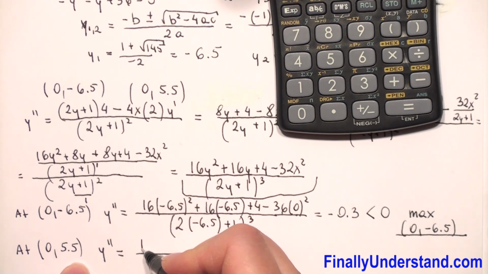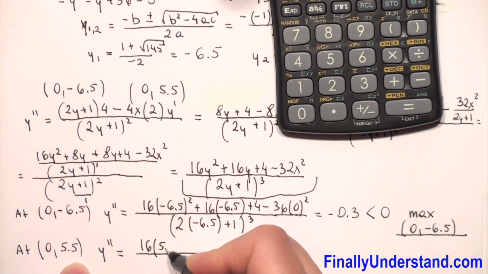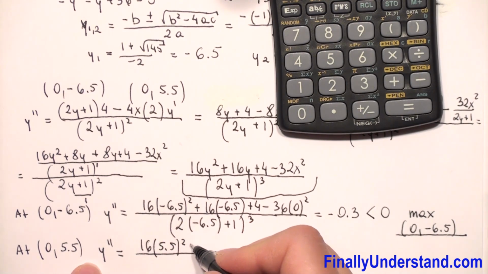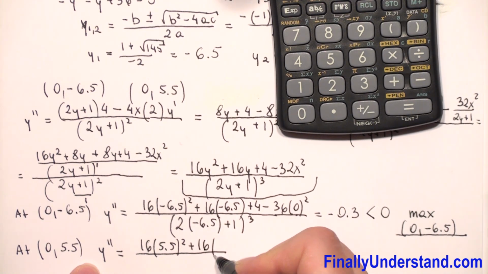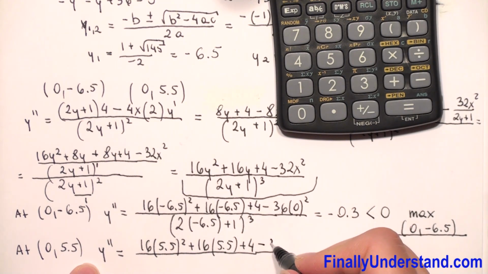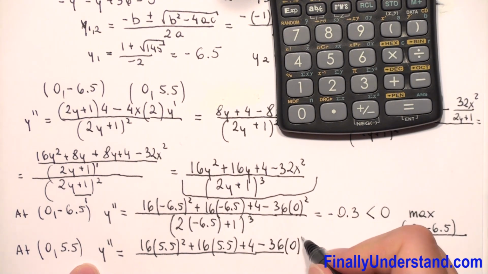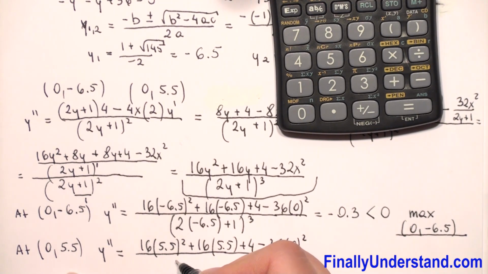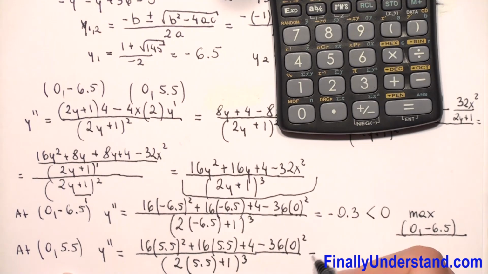So we have 16 times 5.5 to the second power plus 16 times 5.5 plus 4, and we have minus 32 times 0 to the second power, over 2 times 5.5 plus 1, everything to the third power. This is equal.